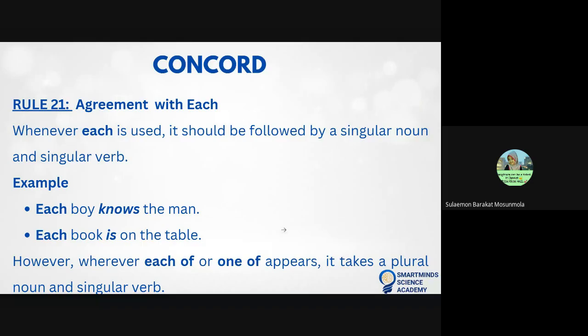But when you now have each of, it should take a plural noun and a singular verb also. The first one takes a singular noun and singular verb, while the second one takes a plural noun and a singular verb. Let's see some examples on this.